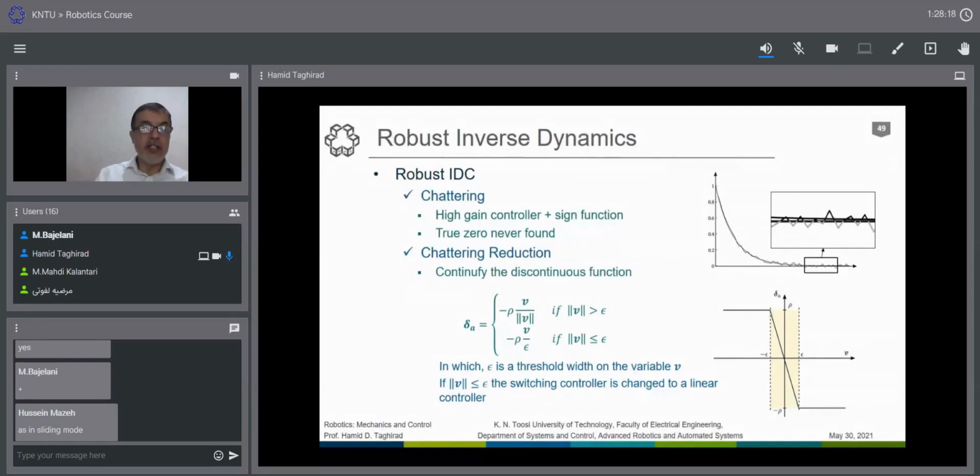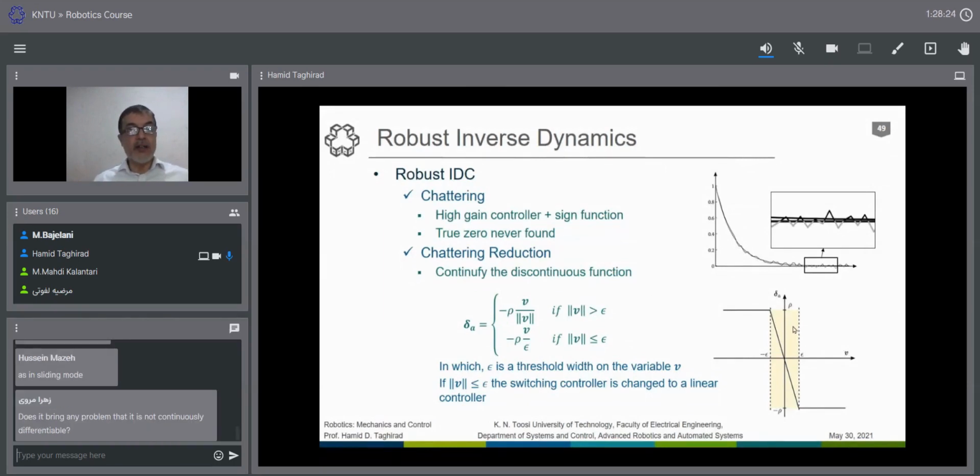We have some steady state error because of this continuifying, but it will result in the case. No, the differentiability is not important here. It should be continuous.